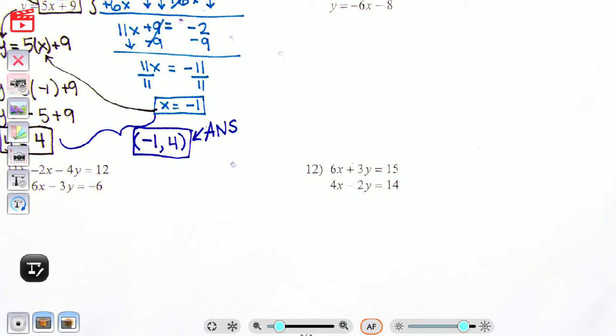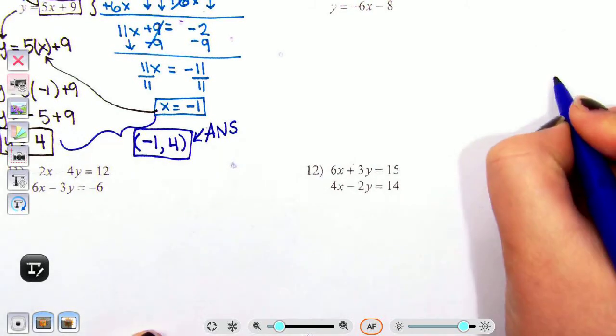Because it's asking you to solve by substitution, we have to solve for a variable that you will be substituting into the other equation. So what I mean is, I'm just going to write some steps here.